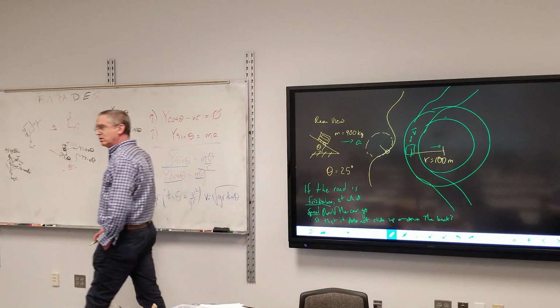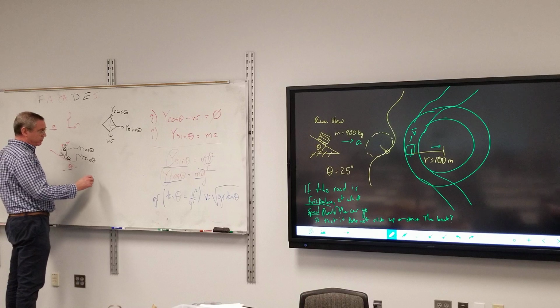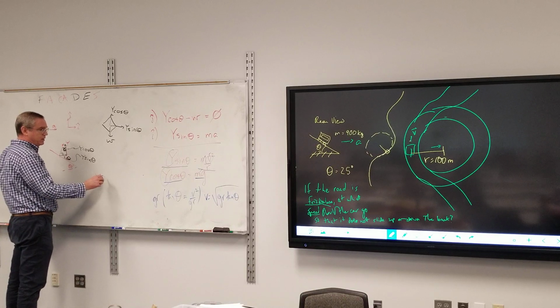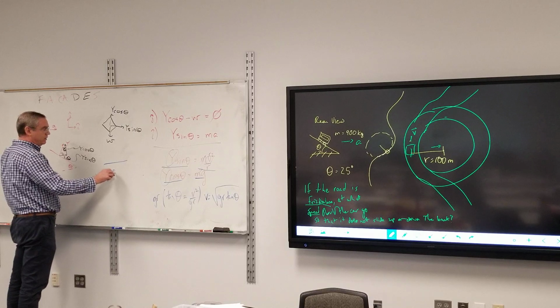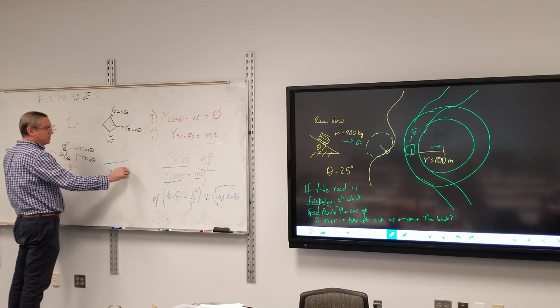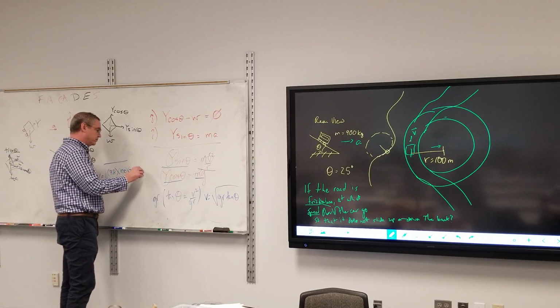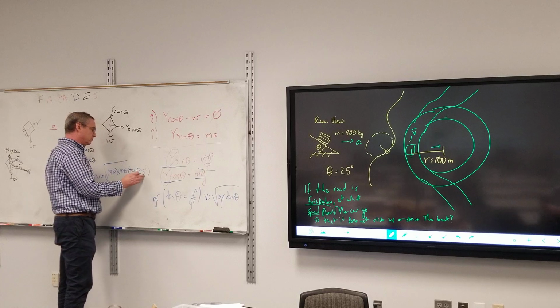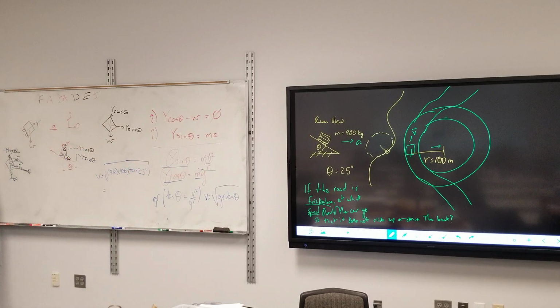And now, in all the excitement, notice that the mass of the object does not matter here. The speed is equal to the square root of 9.8, so it takes place on Earth, times 100, times the tangent of 25 degrees. And we end up with a magic speed of 32.7.